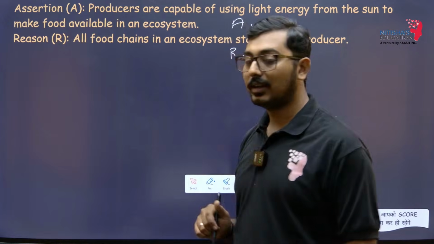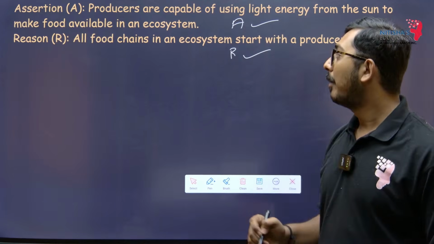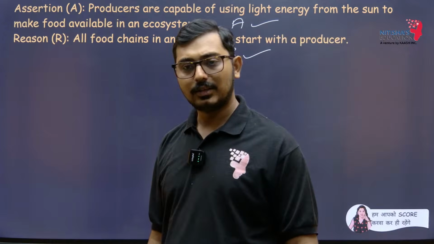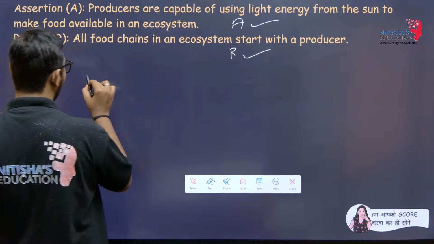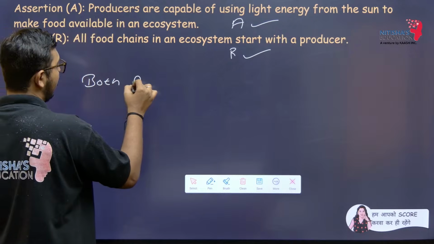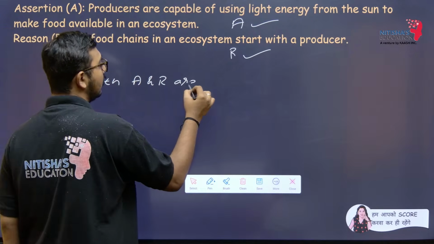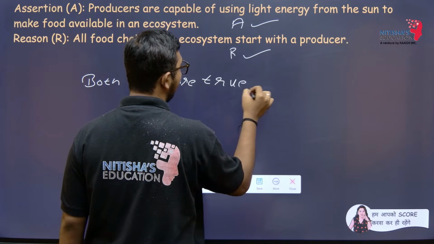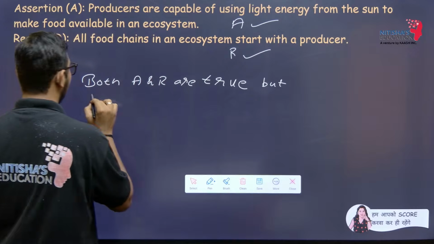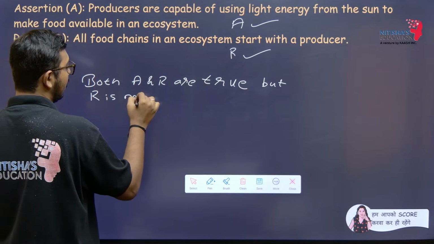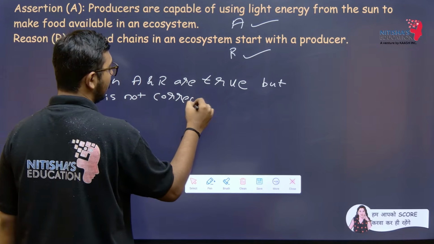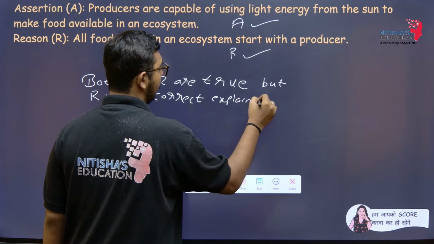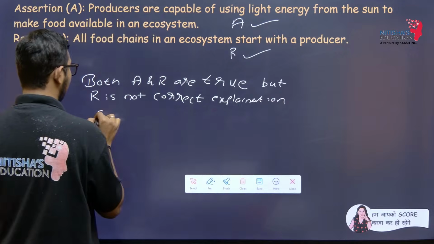So assertion and reason are both true, but the reason is not the correct explanation for A.